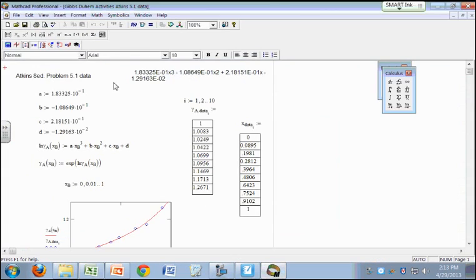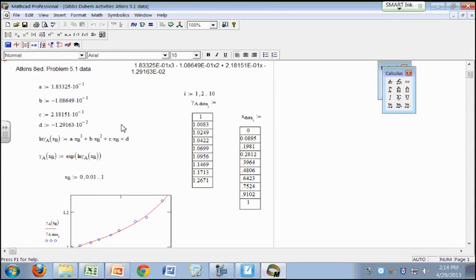This is how I would work this out in MathCAD. Here's my ln gamma sub A as a function of the mole fraction of B: a xB cubed plus b xB squared plus c xB plus d, where these are the a, b, c, and d from my Excel regression polynomial fit. You should be able to do polynomial fitting in MathCAD as well.